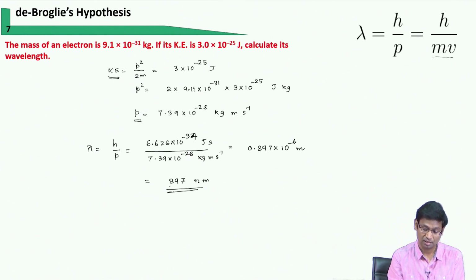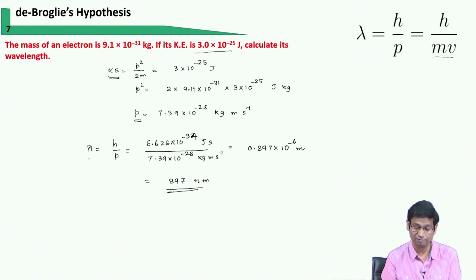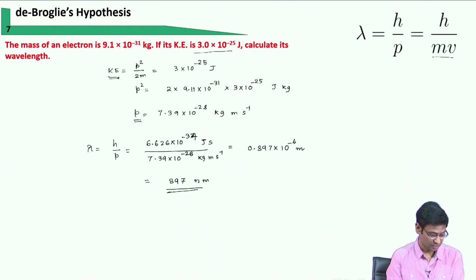So, this is the de Broglie wavelength. That means an electron whose kinetic energy is 3 into 10 to the power minus 25 joules is also a wave, and the corresponding wavelength is 897 nanometer.